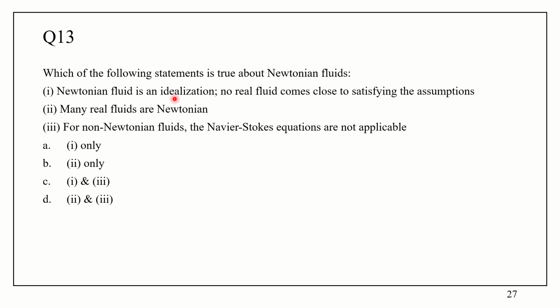Whereas the first statement, that Newtonian fluid is an idealization and no real fluid comes close to satisfying the assumptions, is wrong, because many real fluids like water and air are Newtonian. So the answer is option D, that is, 2 and 3.